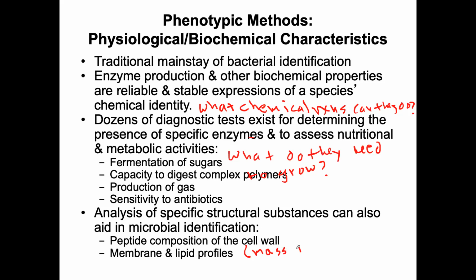Okay, a mass spec actually cracks pieces of the structure down into tiny fragments and then is able to determine their shape and their size, okay, and match that to data that they already have to figure out what sort of a molecule that is exactly, okay. But the peptide and composition of the cell wall, you would get through staining.